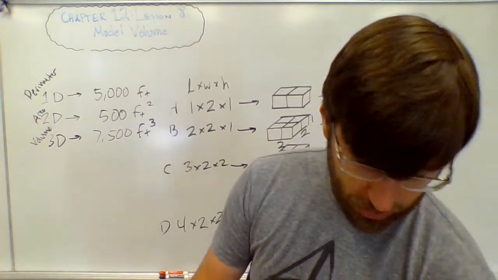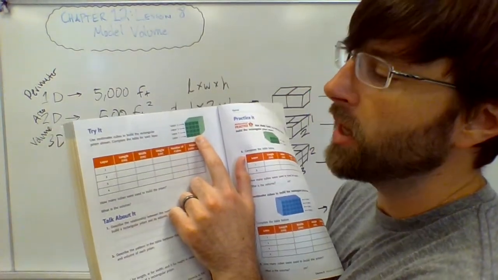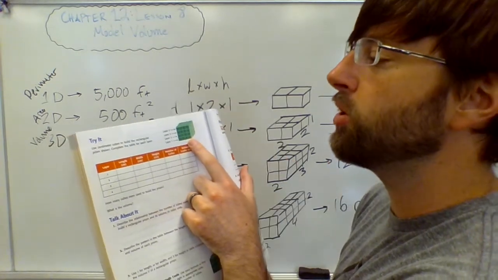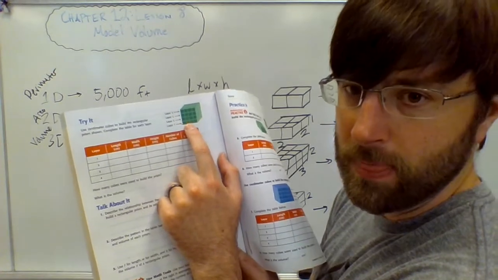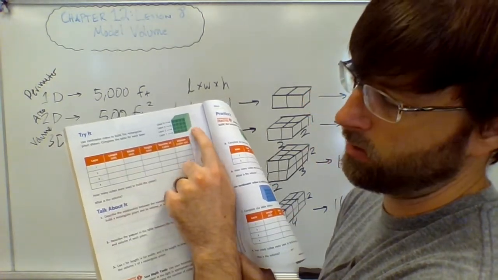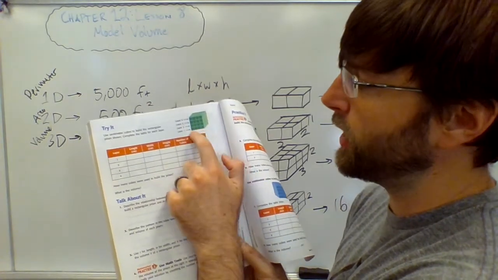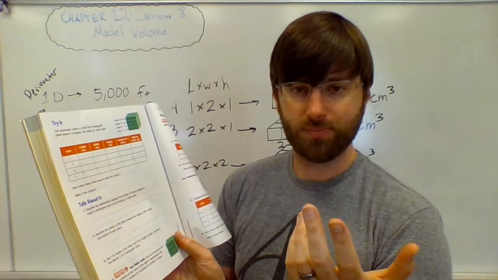All right, let's turn the page. It's drawn one for you here, and it wants you to talk about, in the first layer, in that base layer, what is the length, what is the width, and what is the height, and then how many cubes would that be?